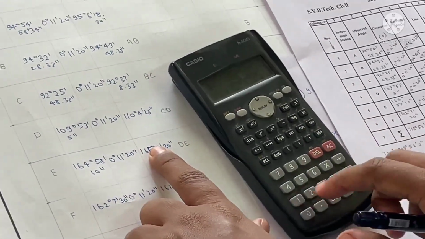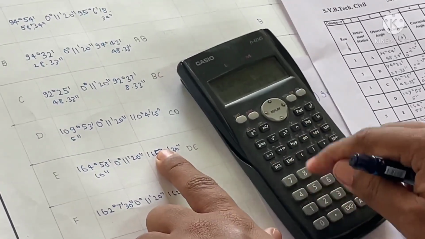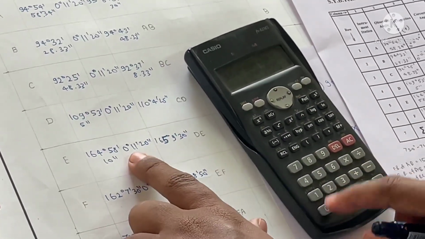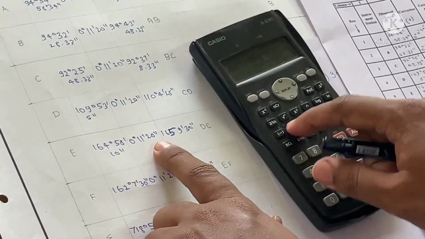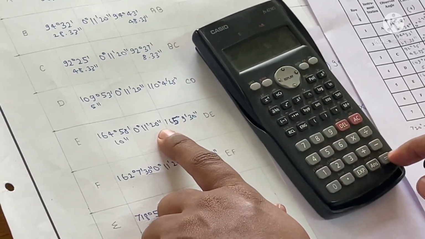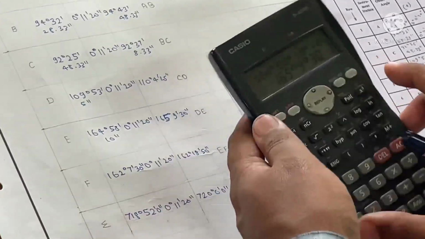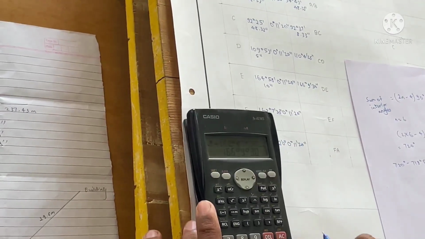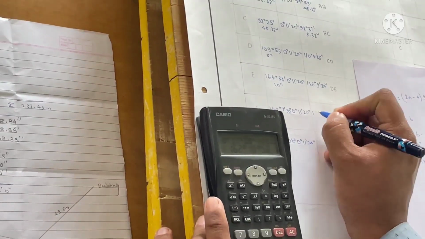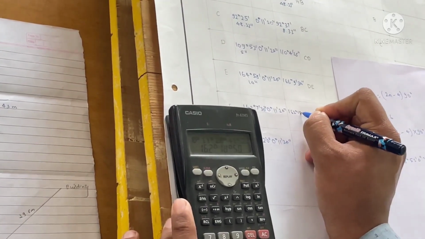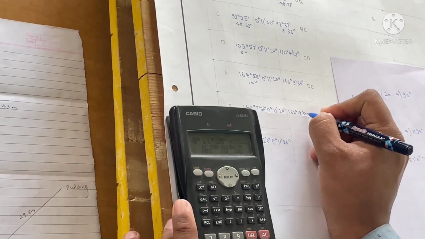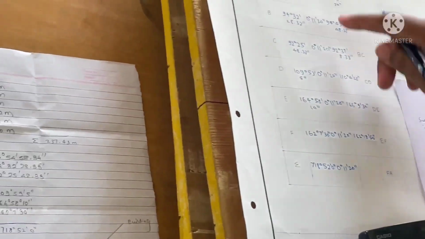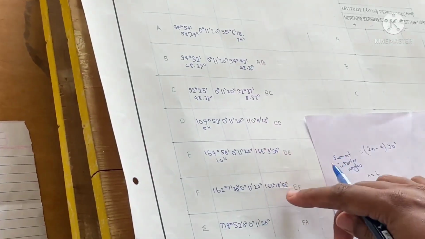Correspondingly, for E, 164 degrees 58 minutes 10 seconds plus the correction of 0 degrees 11 minutes 20 seconds comes out to be 165 degrees 9 minutes 30 seconds. And for F, it comes out to be 162 degrees 18 minutes 50 seconds. So we have applied the correction and calculated the corrected angles.